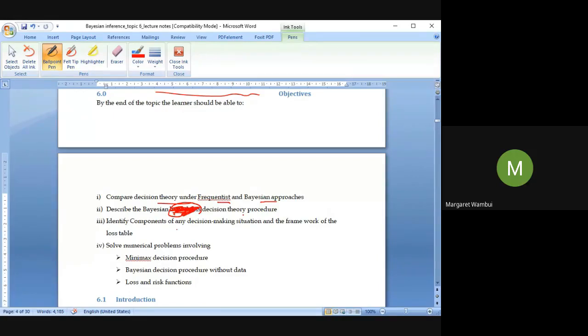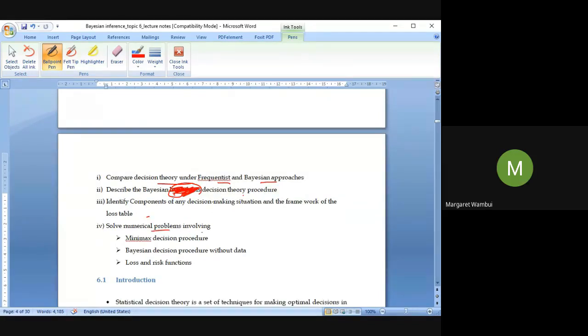Identify the components of any decision-making situation and the framework of the loss table. Then solve numerical problems involving the minimax decision procedure, the Bayesian decision procedure without data, and risk and loss functions. By the way, there is also the Bayesian decision procedure with data.